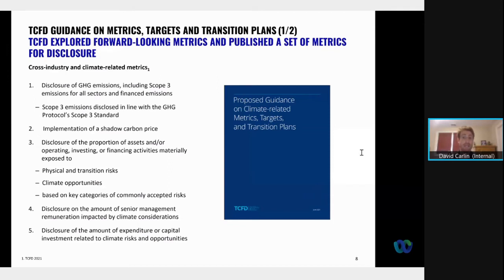That was originally created in 2017, and the idea of the TCFD was to provide specific guidance around financial disclosures for institutions. And it is a voluntary initiative of the financial sector as well as the real economy to commit to making disclosures, so climate-related financial disclosures in particular, and providing guidance on those.